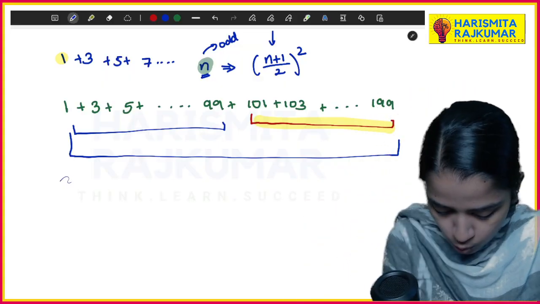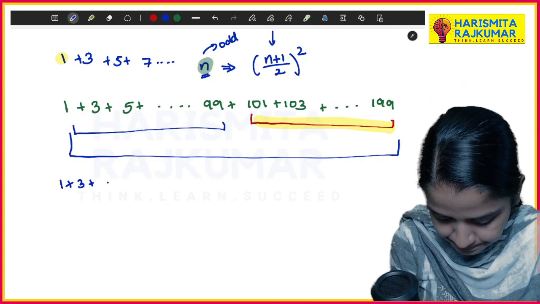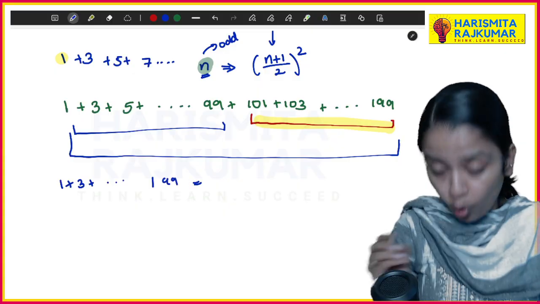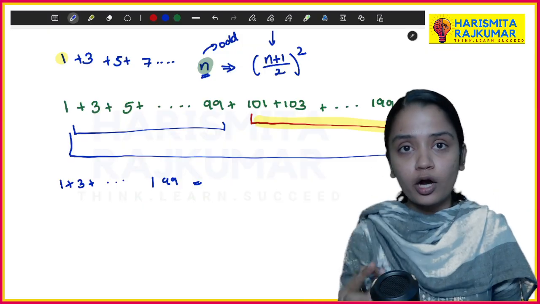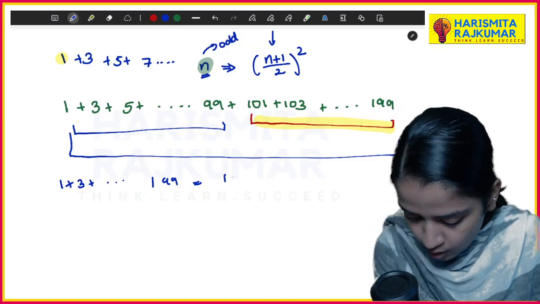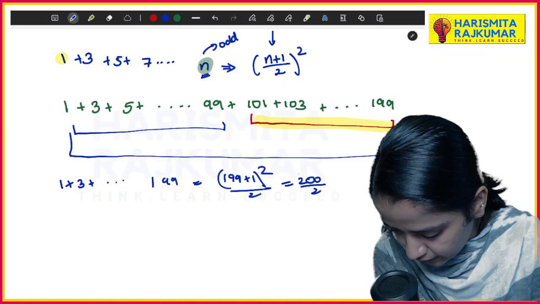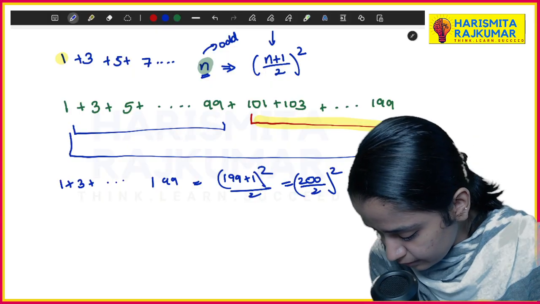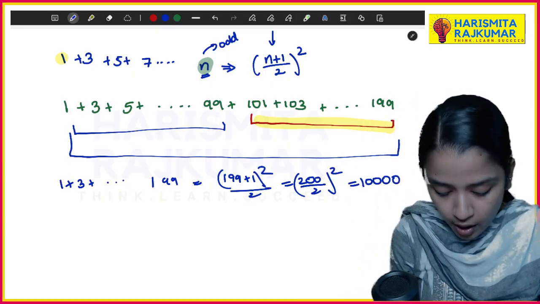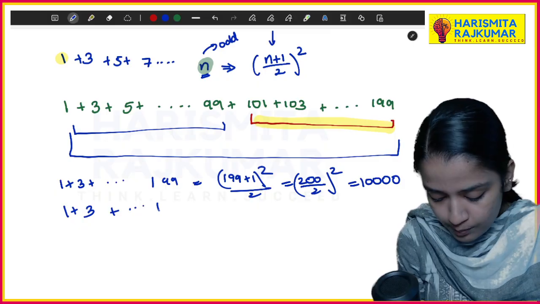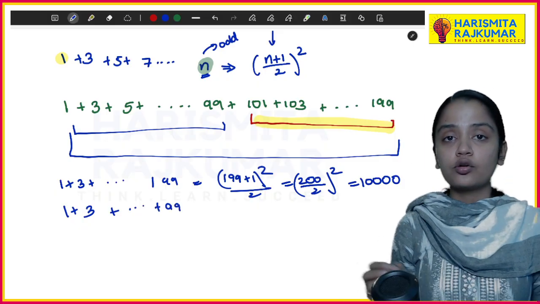So what is the sum of all odd numbers from 1 to 200? I'll get 199 plus 1 by 2, which is 200 by 2, the whole square, which is nothing but 10,000. Now what is the sum of all odd numbers from 1 to 100?